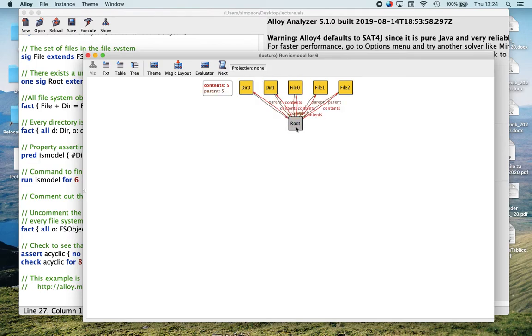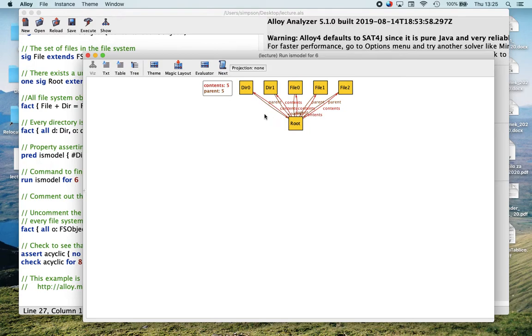Actually, one thing I want to notice now is that all the parent and contents relations are working properly. So when we have contents, we also have the parent relation and vice versa. So that seems to magically follow from this axiom we've got. And because of that, it's a bit annoying to see both of them, because we're getting all these duplicated lines.